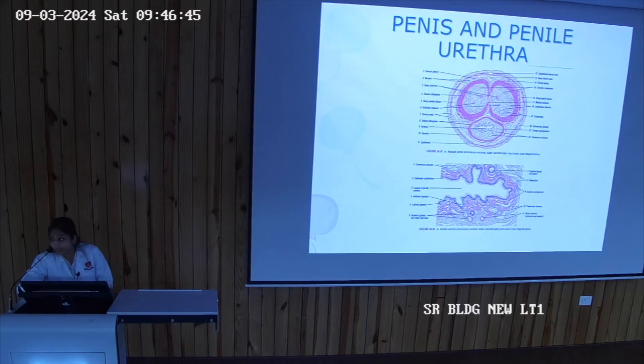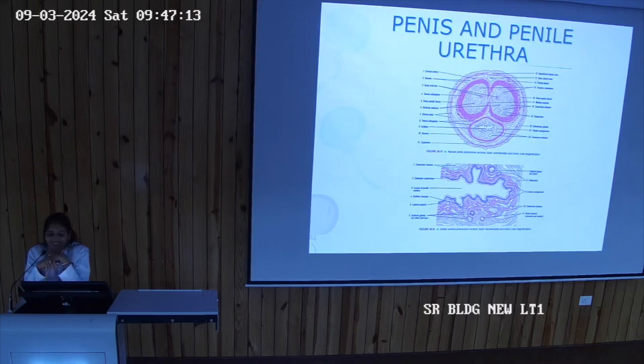It is pierced by, okay, this is what we were discussing in the prostate gland, that was the prostatic urethra. My apology, because the prostate gland surrounds the prostatic urethra. Here the spongiosum is pierced by the penile urethra. My apology, I am really sorry.